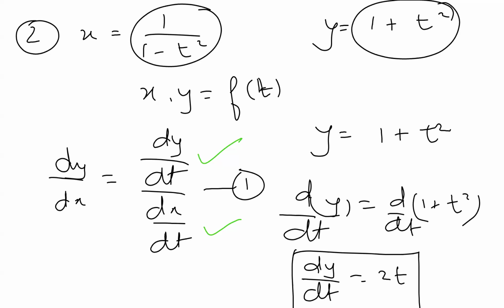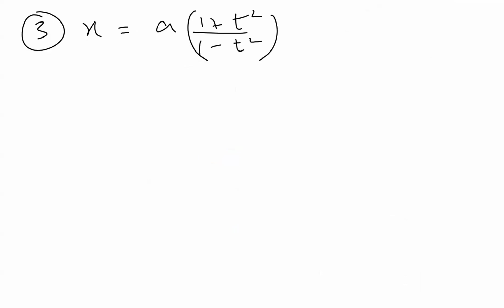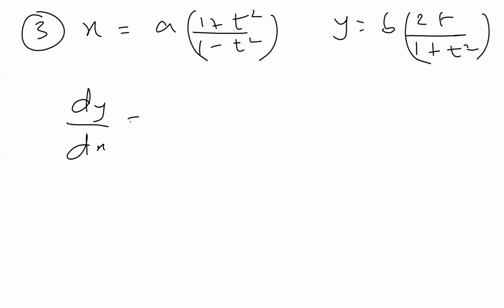Question number 3. x is equal to a into 1 plus t square upon 1 minus t square. a is a constant obviously. y is equal to b into 2t upon 1 plus t square. So dy by dx is equal to dy by dt upon dx by dt, because a is a constant and t is a parameter.